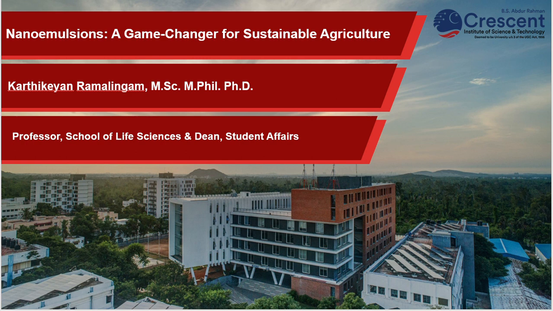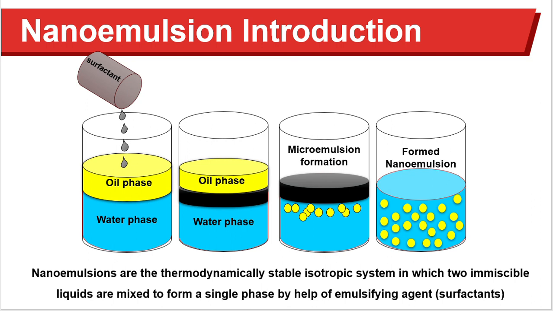First of all, we'll know about the introduction of nanoemulsion. Here, when you see nanoemulsion, for example, is it possible to mix water and oil together? We imagine that when you mix oil and water together, they won't mix properly, right?